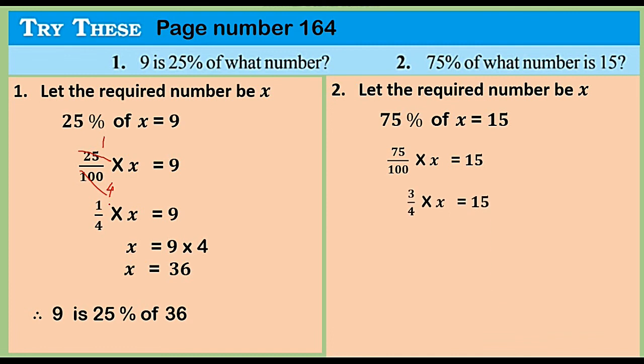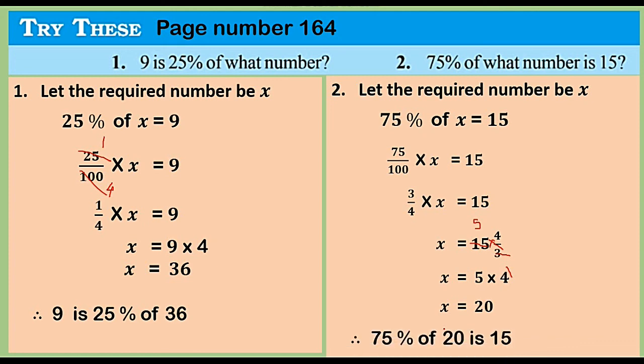Now put the x on one side alone and move 3 upon 4 to the other side. 15 multiplied by 4 upon 3. Oh, I forgot to put the multiplication sign here. Put it. Now 15 multiplied by 4 upon 3. Cut it. 3 ones are 3, and 3 fives are 15. 5 multiplied by 4, what will you get? You will get 5 multiplied by 4 as 20. So 75% of 20 is 15.